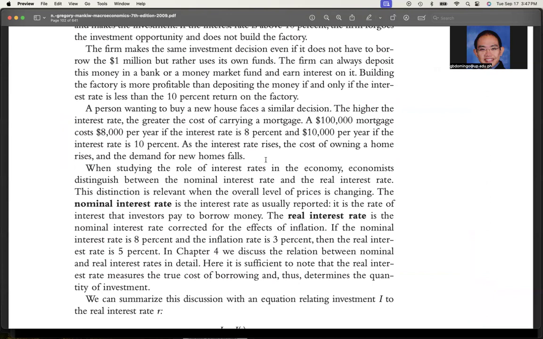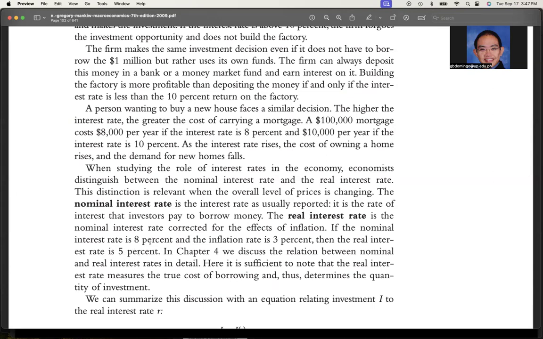Economists distinguish between the nominal and the real interest rate. This distinction is relevant when the overall level of prices is changing. The nominal interest rate is the interest rate that is usually reported. The real interest rate is the nominal interest rate corrected for the effects of inflation. If the nominal interest rate is 8% and inflation is 3%, then the real interest rate is approximately 5%.